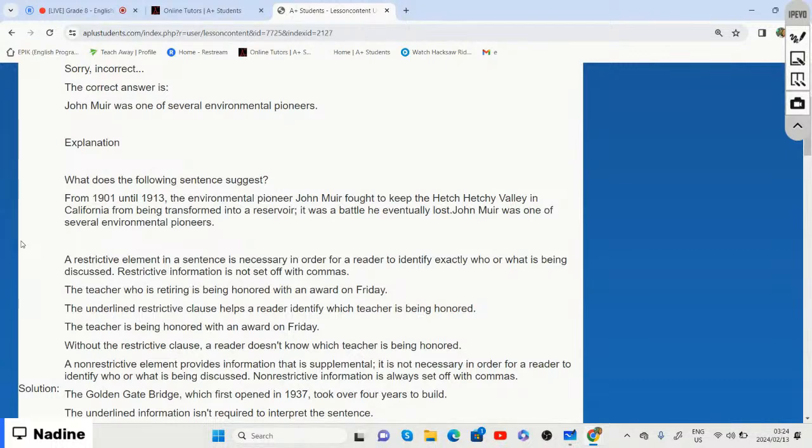And then we have non-restrictive elements in a sentence, which provide information that is supplemental and not necessary in order for a reader to identify who or what is being discussed.